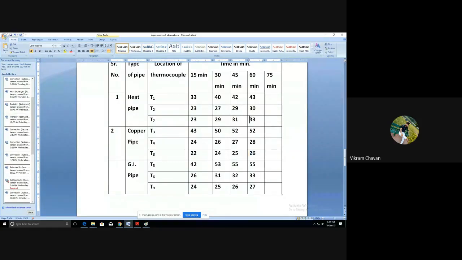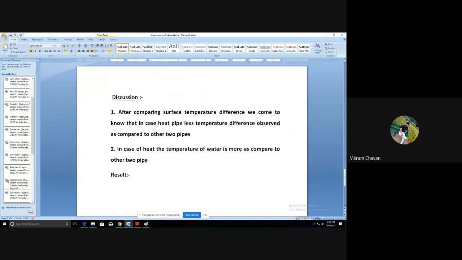And for the heat pipe, even for a very small inlet temperature, as compared to the other two pipes the source temperature for the heat pipe is very low, yet we are getting the maximum sink temperature as compared to the other two pipes. So we can write: in case of heat pipe, the temperature of water is more as compared to the other two pipes.